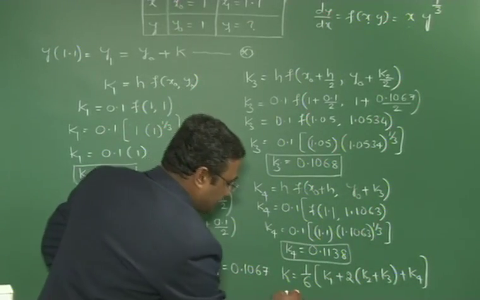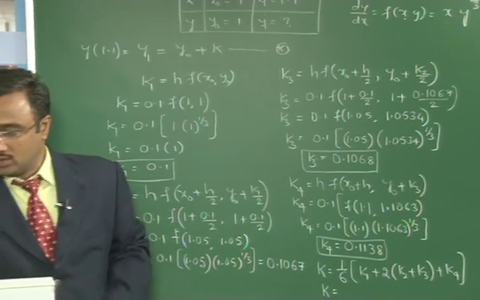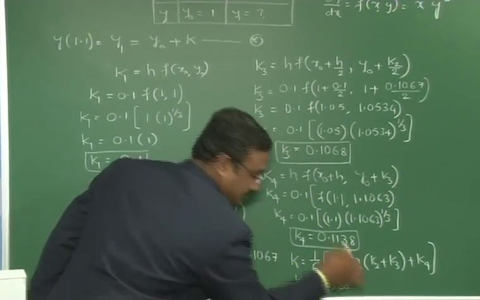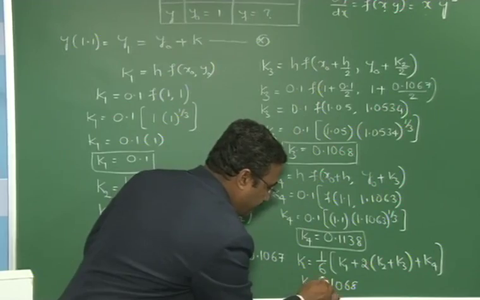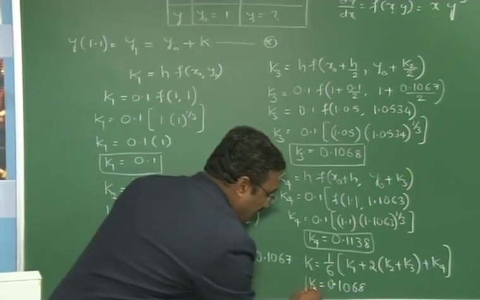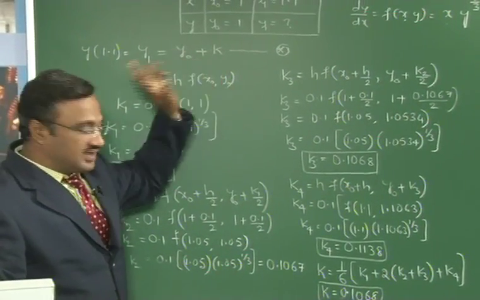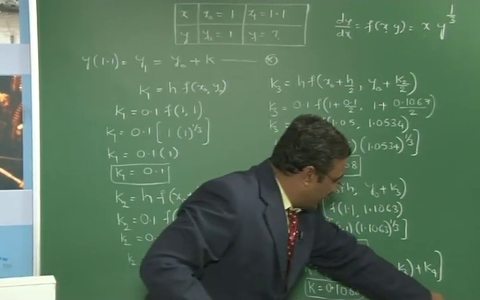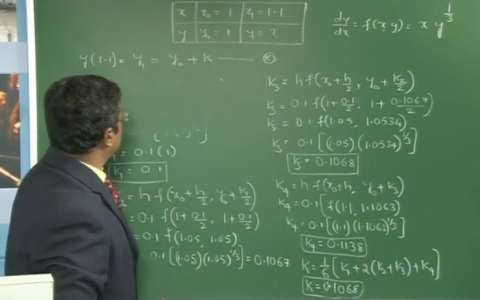After simplification, we get the value of k as 0.1068. Then this k value you have to substitute in equation star, and that will give the required value of y1.